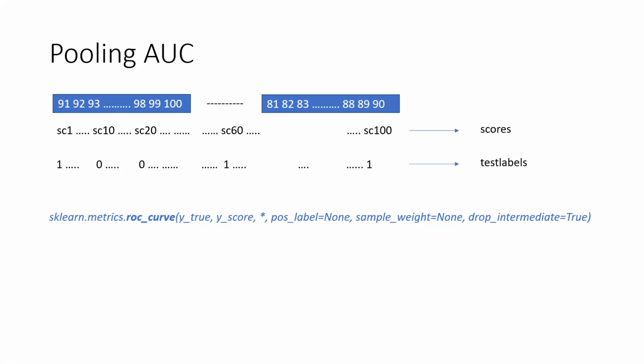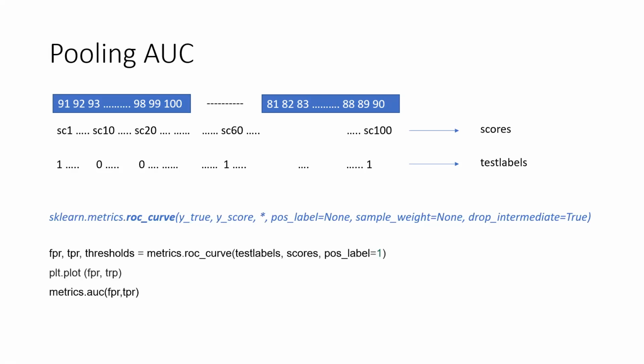Depending upon the task, I may ask you to evaluate how it is doing on the fall class, or how it is doing on the normal class. So you should have that flexibility, and that is why I like this function. In MATLAB also, you can specify which is your class of interest.